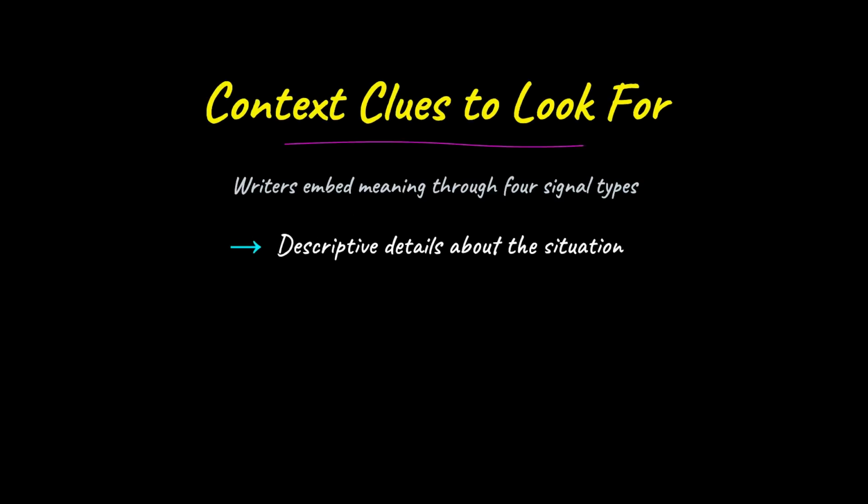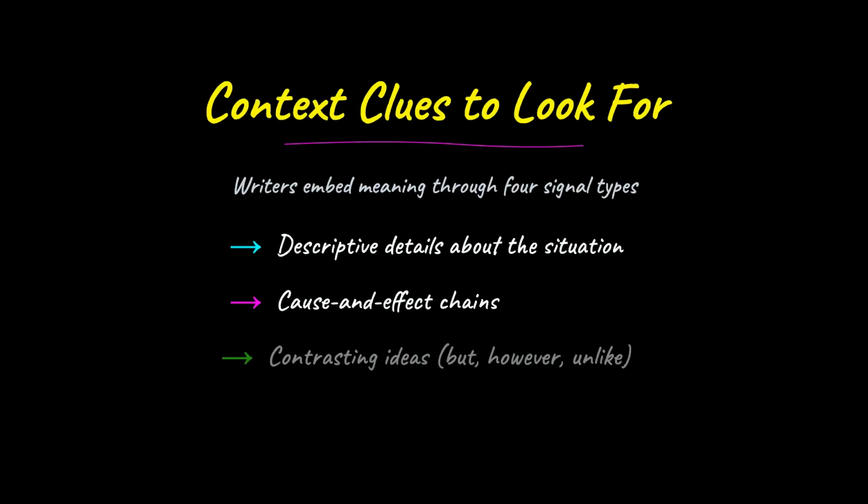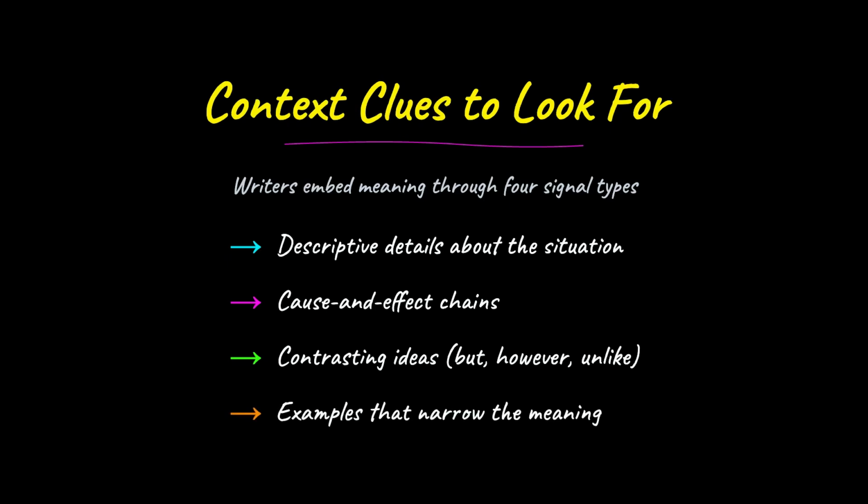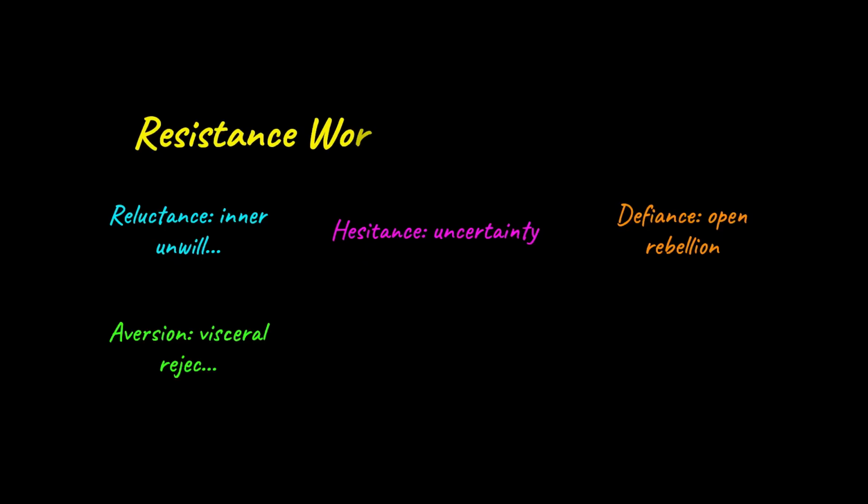The surrounding sentences almost always contain the clues you need to build a working definition before you even look at the answer choices. Writers pack paragraphs with 4 types of signals: descriptive details, cause and effect chains, contrasting ideas, and concrete examples. Spotting any one of these lets you triangulate toward the word's meaning without ever opening a dictionary.